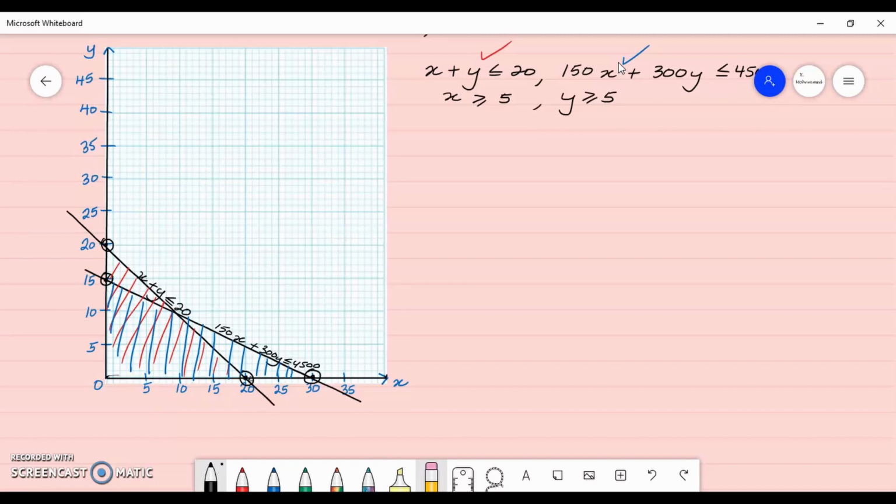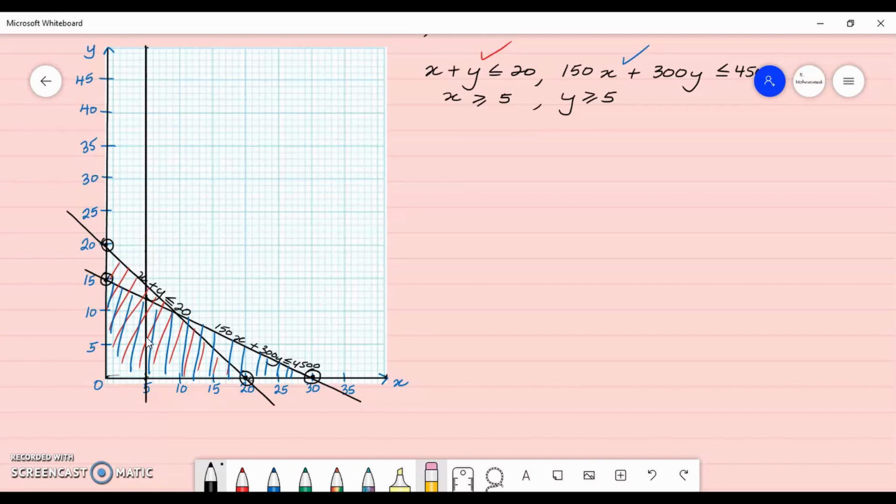What I will do is I will locate x being 5 on my graph, and that's at this point here, and it is going to be a vertical line through 5. Now, why is it a vertical line through 5? Because anywhere on this line, I am going to notice that my x value is 5, right?